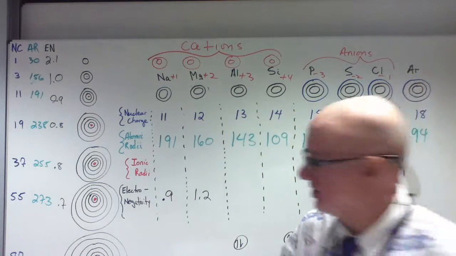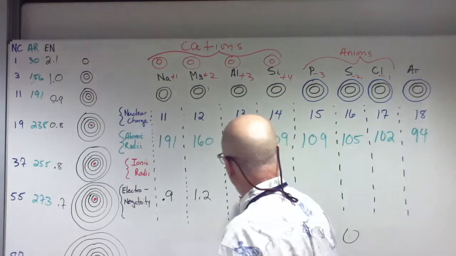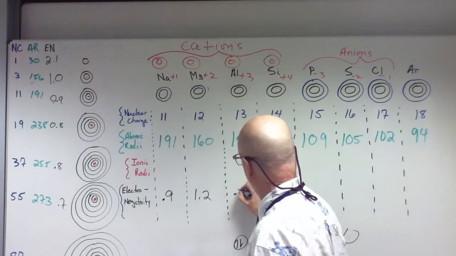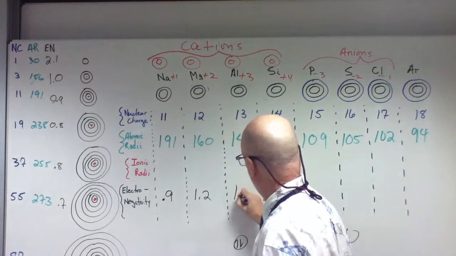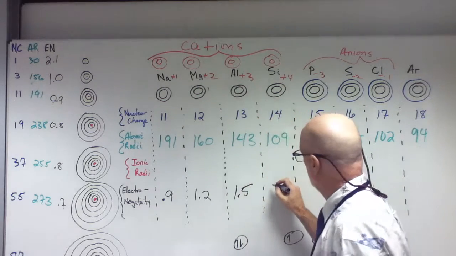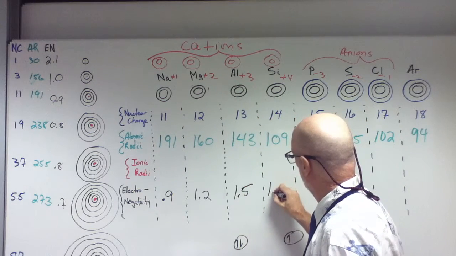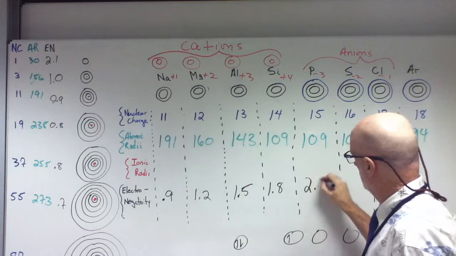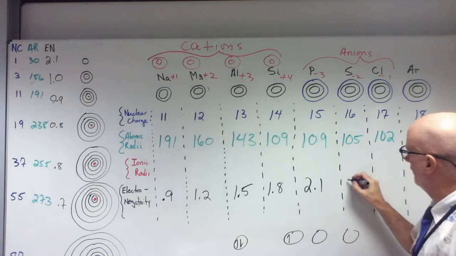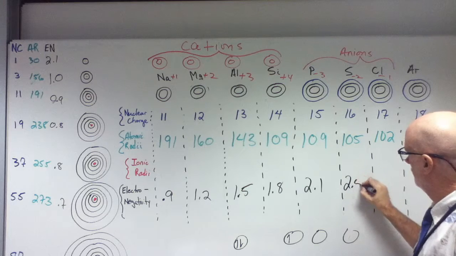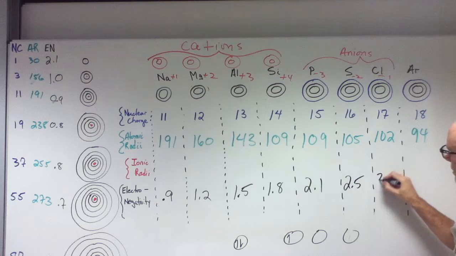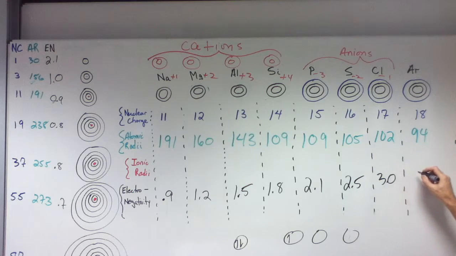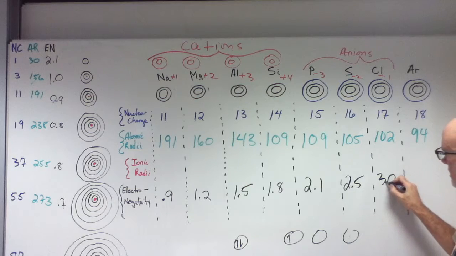And what about aluminum? 1.5. Silicon, 1.8. Phosphorus, 2.1. Sulfur, 2.5. Chlorine, 3.0. And then argon doesn't exist because it doesn't bond, right?